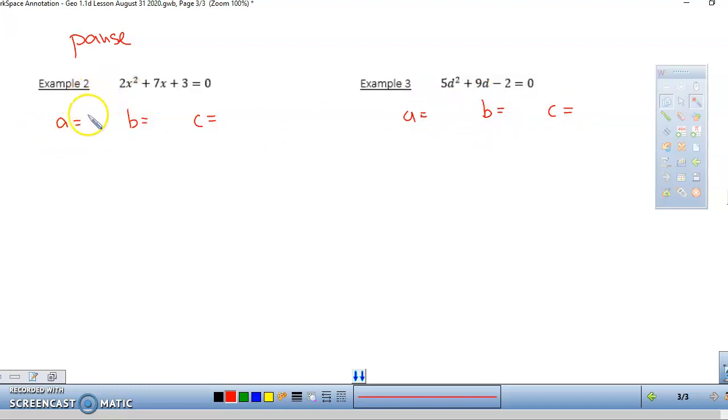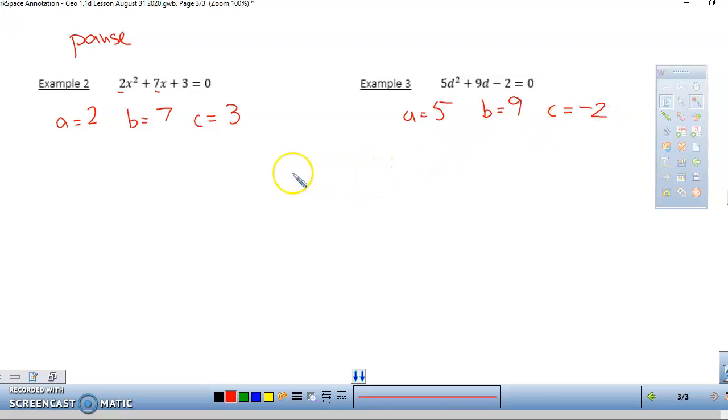Okay, welcome back. So this is going to be 2, this is going to be 7, and this is going to be 3. Okay, and then over here, A is going to be 5, B is going to be 9, and C is going to be -2.